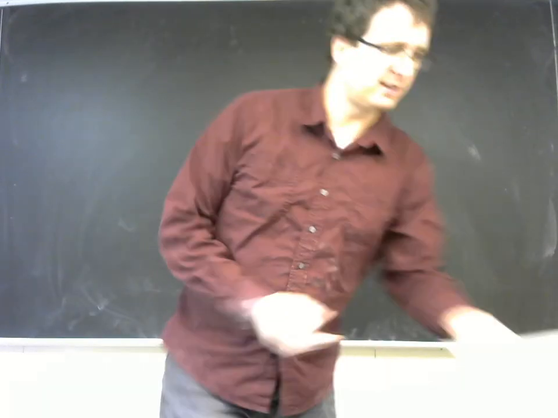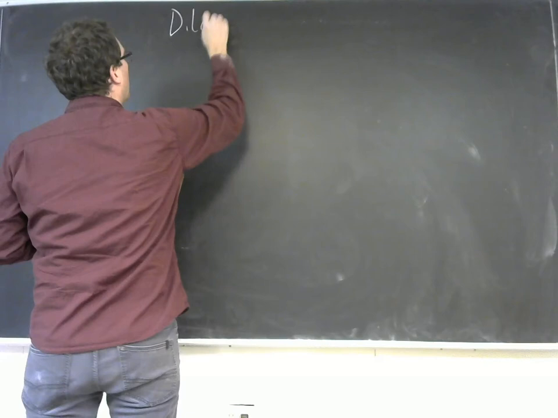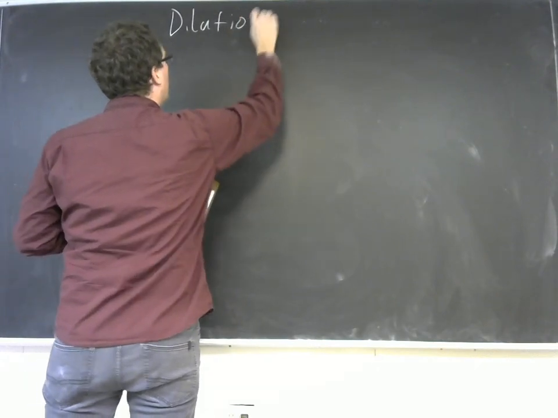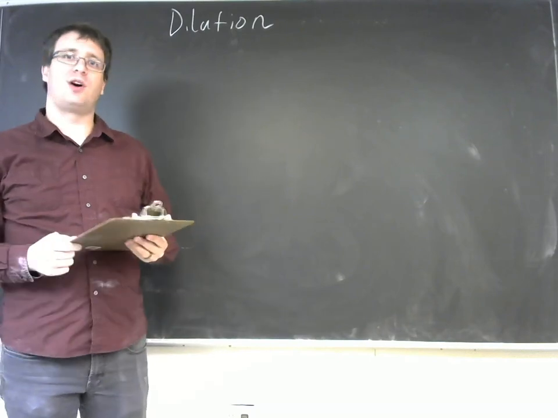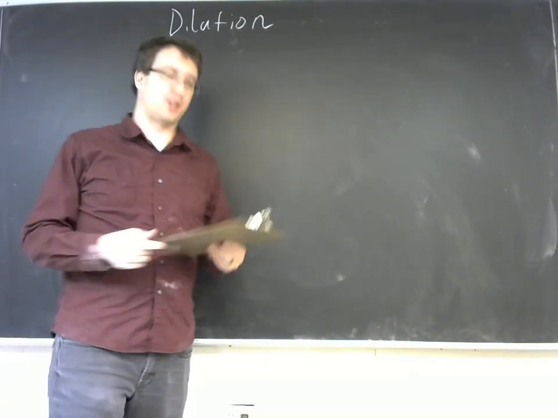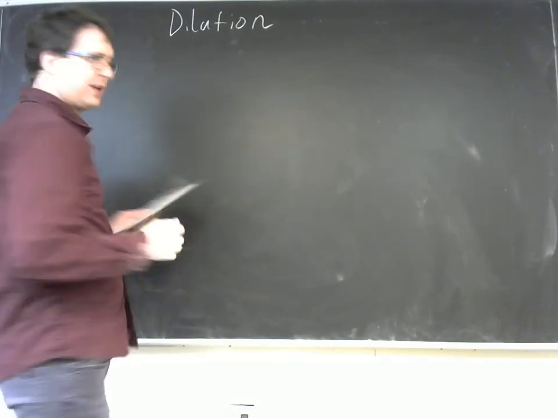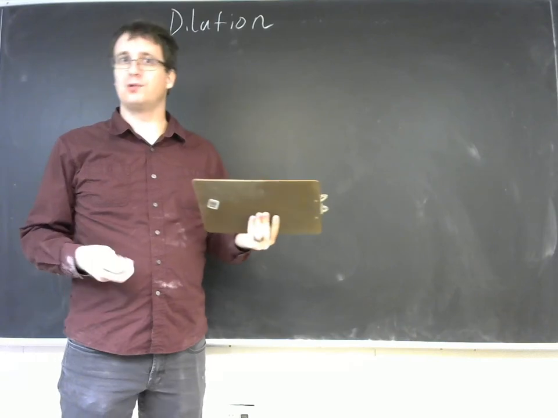Let's talk about our next topic, which is dilution. Dilution is what we call it when you add more solvent to a solution to reduce its concentration. And when you add solvent, the number of moles of solute doesn't change.